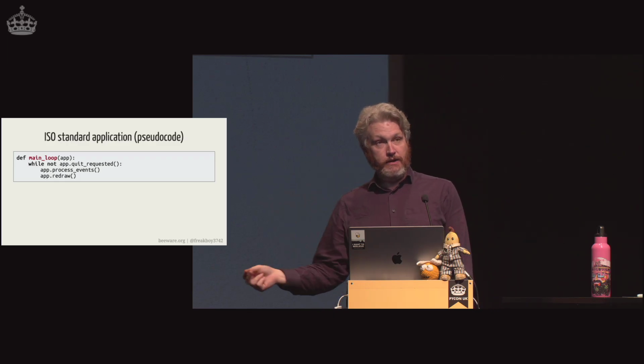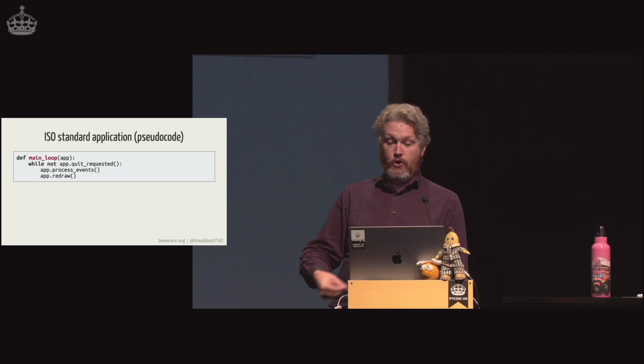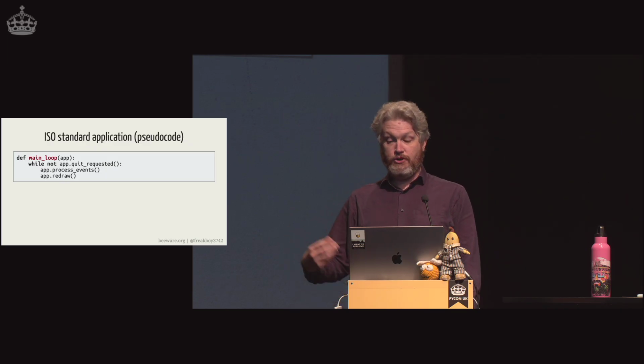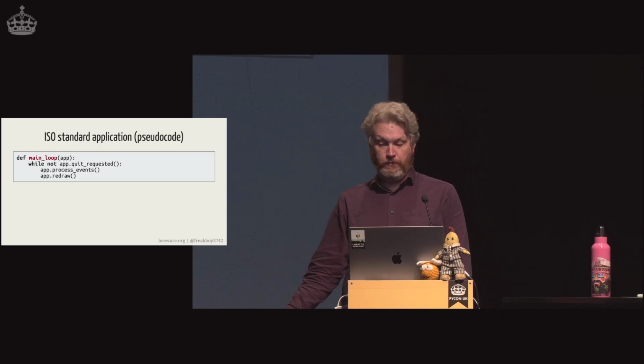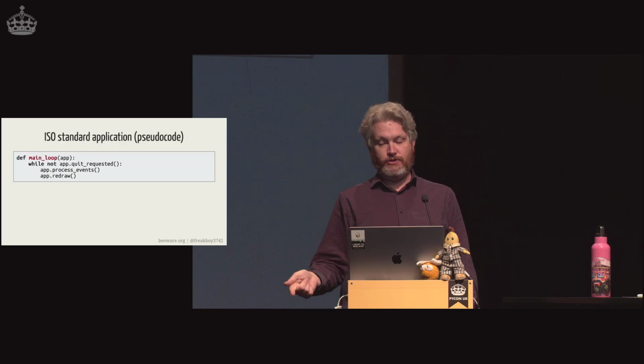Every time you click on a button or type a character or drag the corner of a window to resize it, that's an event in the GUI system. And the app code will respond to each of those events in turn, causing changes in the state of the app. Those changes in state are then reflected in the appearance of the app the next time it's redrawn. The important detail here is that when the app is redrawing, it's not processing events.